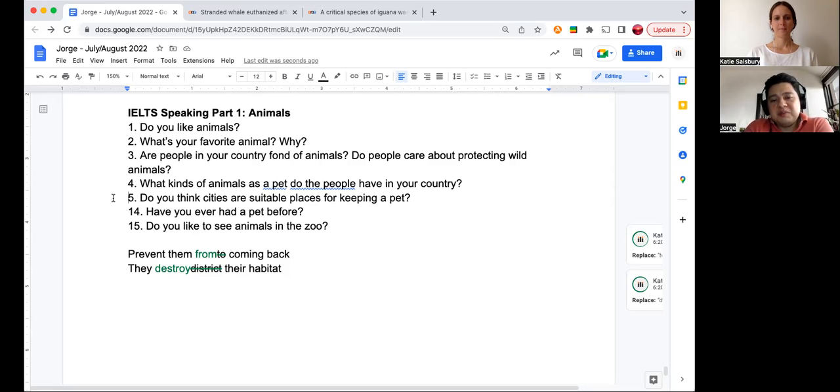And even small rodents, but I have seen a lot of times that people let their turtles or their fishes die because they don't take the proper measures to keep them alive.